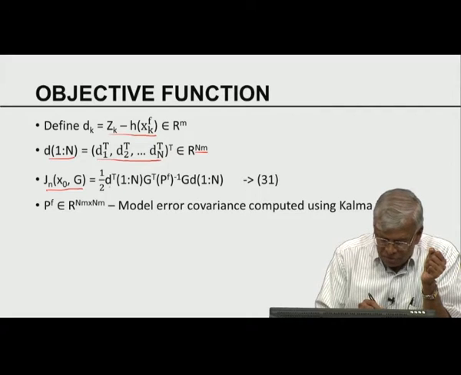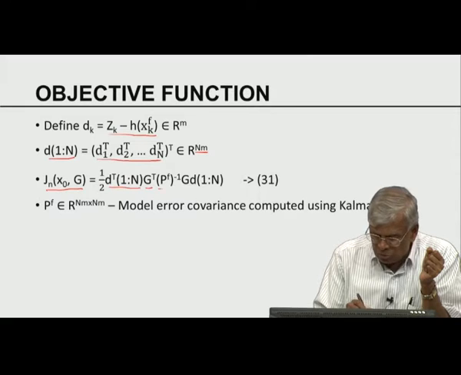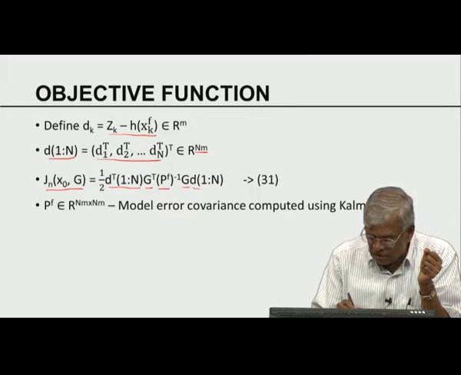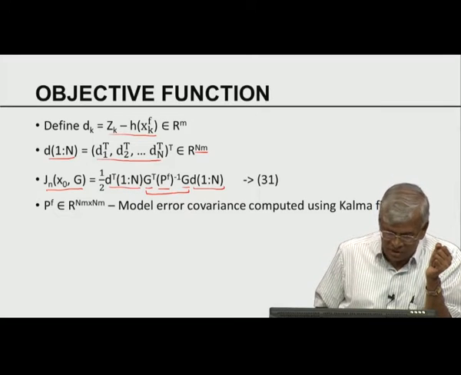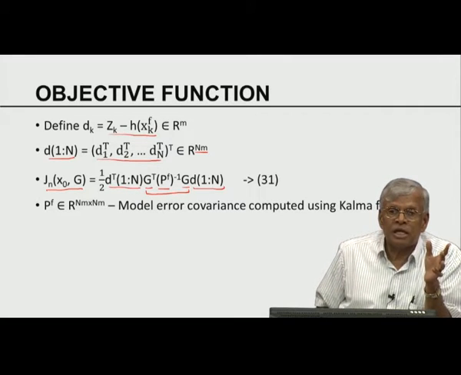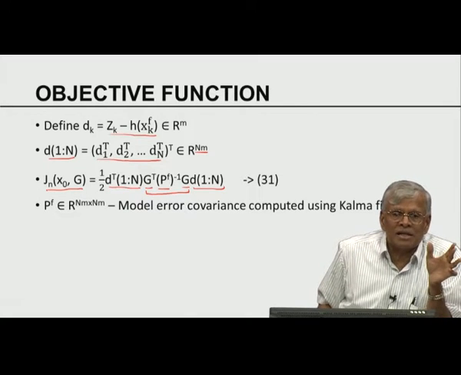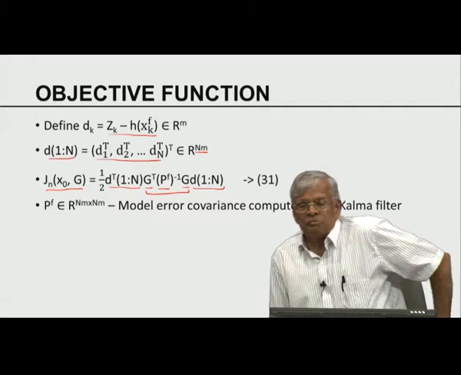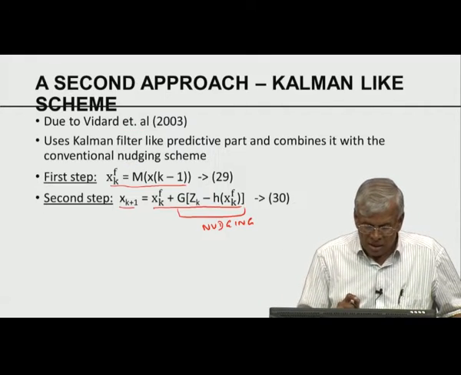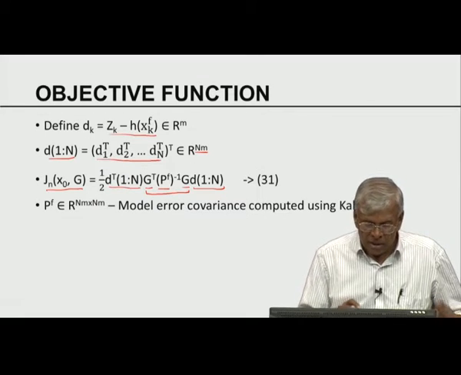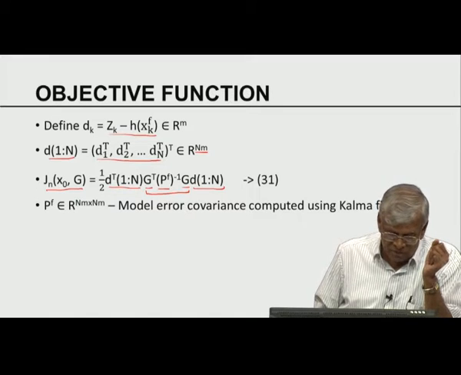So that is equal to the transpose of this, G transpose P^f inverse G, d_k. So you can think of these three as part of the weight matrices. P^f is the forecast error covariance. So that is very similar to the one that comes in the 4D-VAR like scheme. Here, because of the way that G appears in equation 30, 31 is a very natural way to consider a J function.